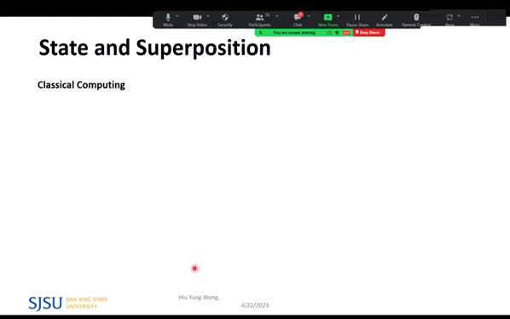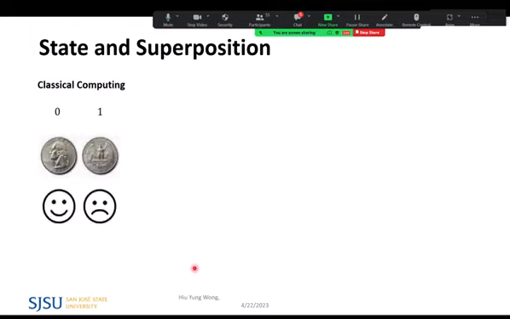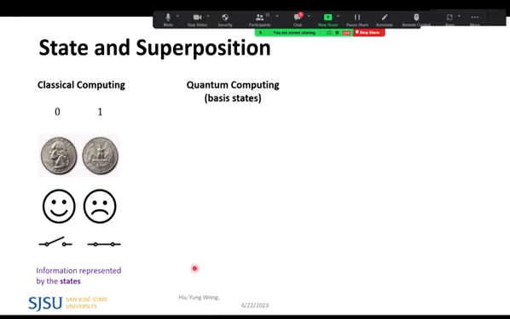So what is quantum computing? Let's look at classical computing first. We use 0 and 1 to represent the information. How do we represent 0 and 1? You can use a coin, head and tail, or even happy and sad, or a transistor, on and off, right? So it represents the information by the state. Actually, it is the same in quantum computing, but it has something more basic called basis states.